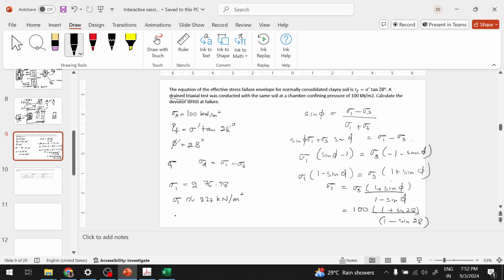Our deviatoric stress, which is sigma 1 minus sigma 3, is 277 minus 100, which will be 177 kilonewton per meter square. So that will be our deviatoric stress at failure. Okay, now let's move on to the next question.